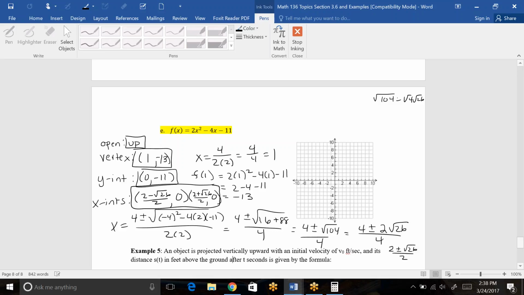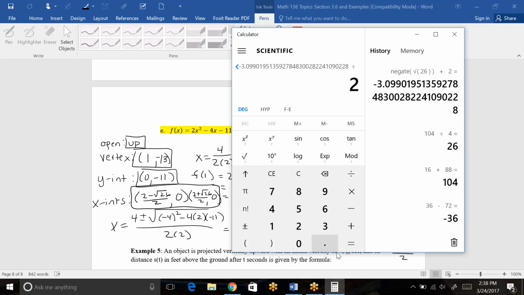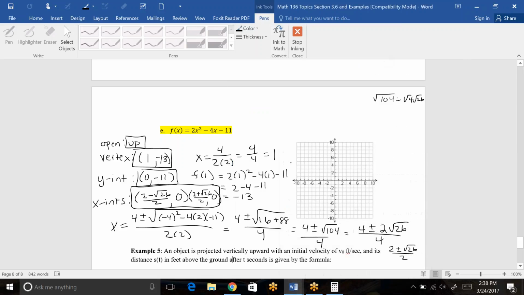Now obviously we're not going to graph it with those nasty things. We're going to get an approximation. So 26, take the square root of that, make it negative because I need to work backwards on my calculator. Normally you would just type this in from left to right, plus the 2 that was up front, and then divide it by 2. So my first one is -1.5-ish.